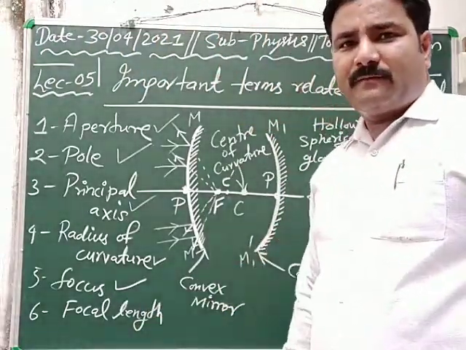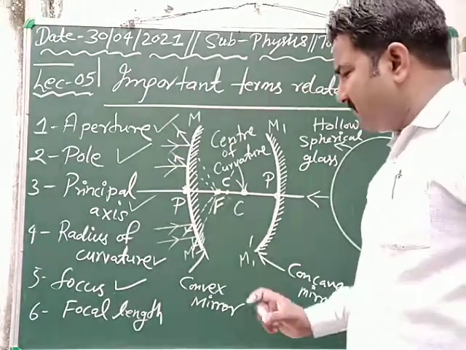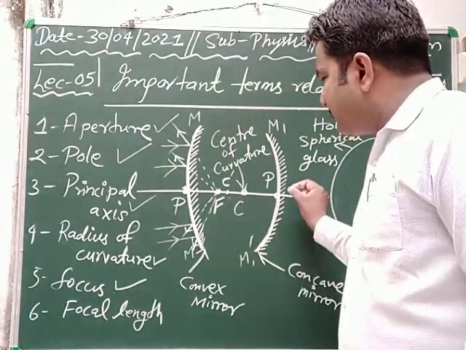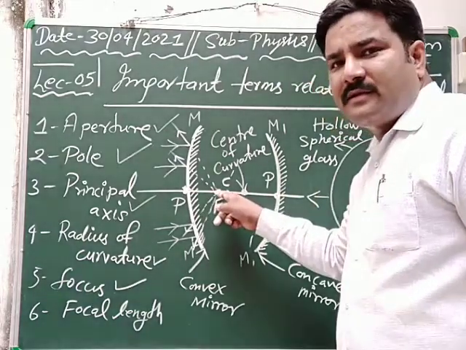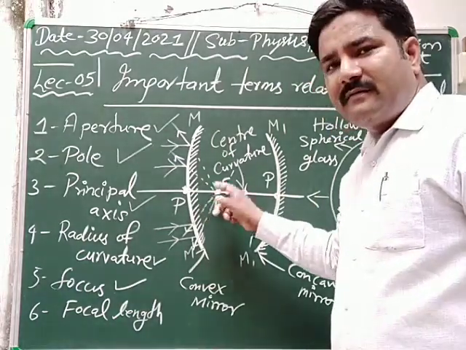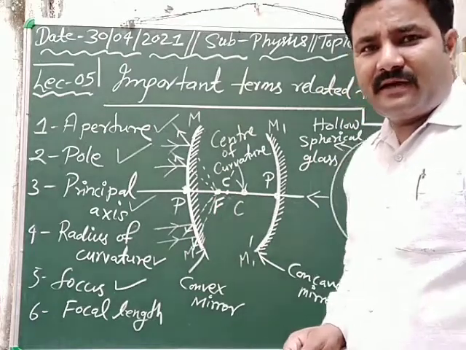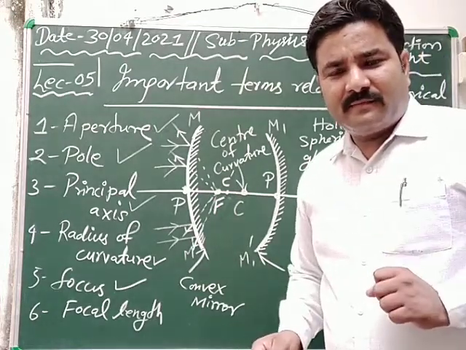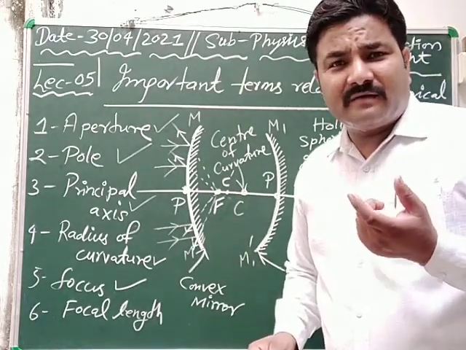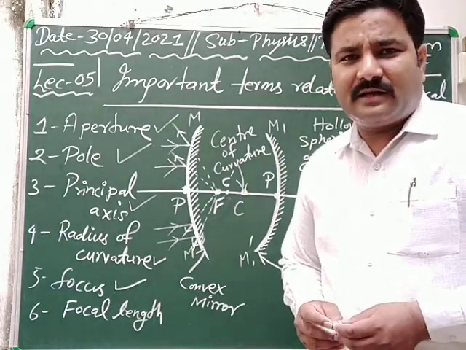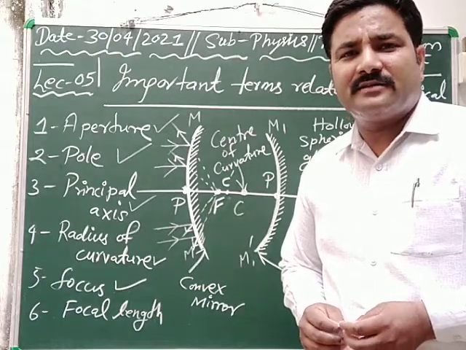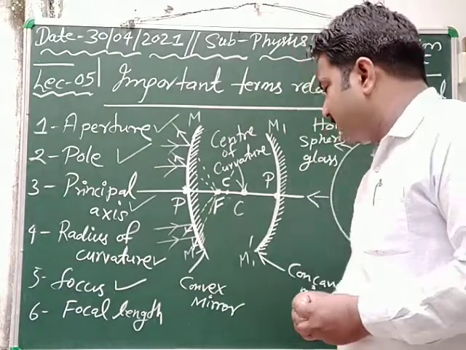So just after focus, the next one is focal length. Focal length is very simple. The distance between pole and focus, here pole and here focus, is defined as the focal length. And it is half of the radius of curvature. Half of the radius of curvature is also defined as the focal length. Clear?